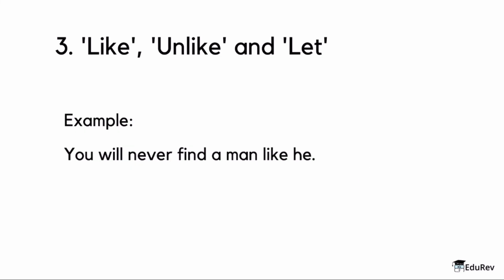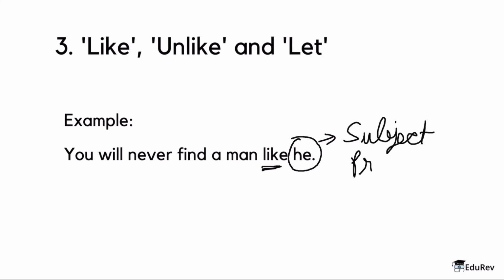The first question we have here is "You will never find a man like he." Now we know that the word like has been used here, and after like the pronoun he has been used. He is a subject pronoun. So instead of he, an object pronoun needs to be there.